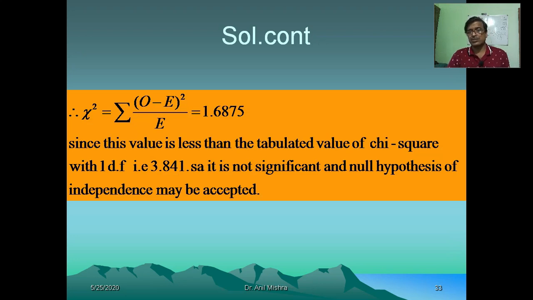Okay, so this is all about the chi-square test. As you know, it is a non-parametric test and we calculate two things with it: one is goodness of fit and the second is independence of attributes. In both cases we also adjust the observed frequencies.